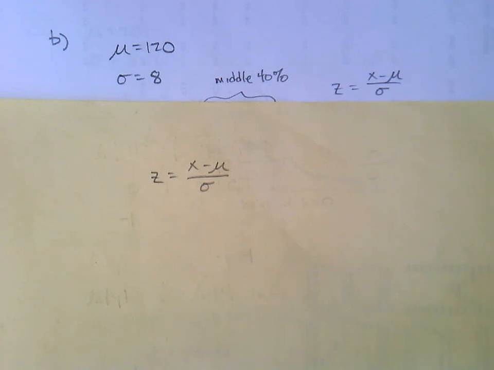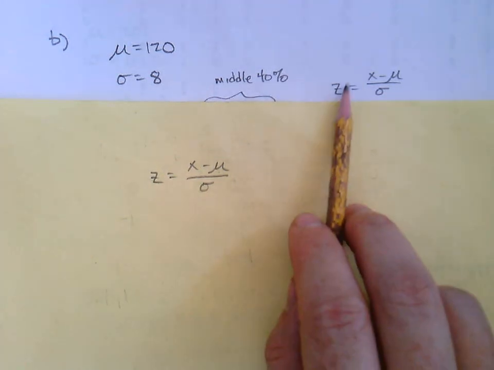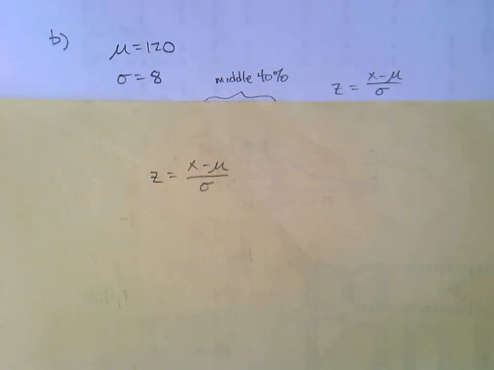So that means that we're going to use the table backwards. If you see a percentage in the problem, it's like they're telling you the probability, and you're going to have to work backwards. So if they give us mu and sigma and a percentage, that means we'll be able to get z. So we're looking for x. Here, though, we're actually going to look for two different x values. They want the upper and lower readings.